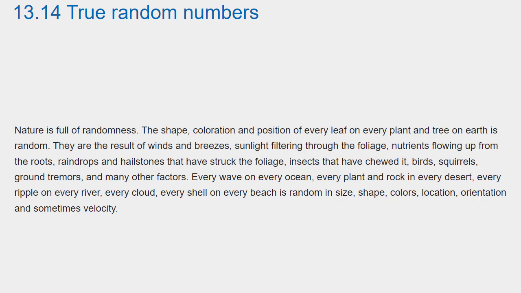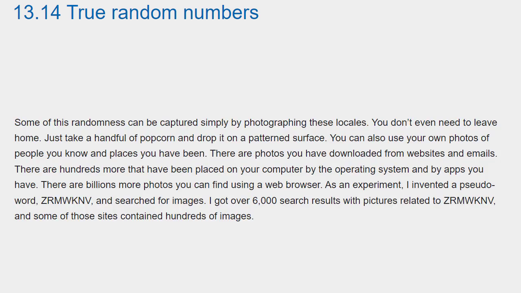Every wave on every ocean, every plant and rock in every desert, every ripple on every river, every cloud, every shell on every beach is random in size, shape, colors, location, orientation, and sometimes velocity. Some of this randomness can be captured simply by photographing these locales.